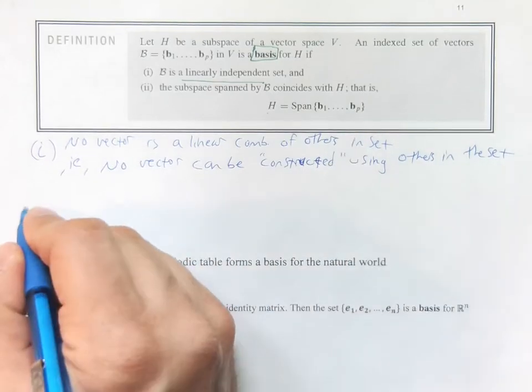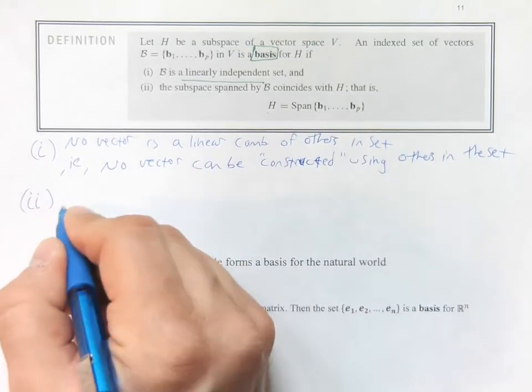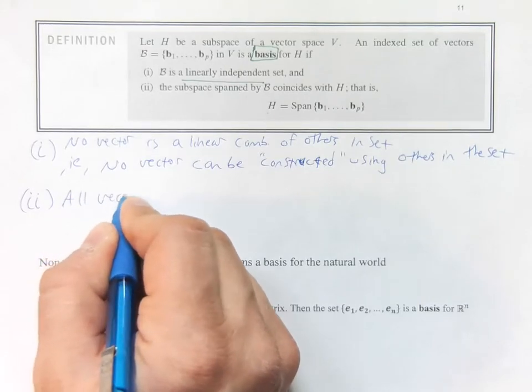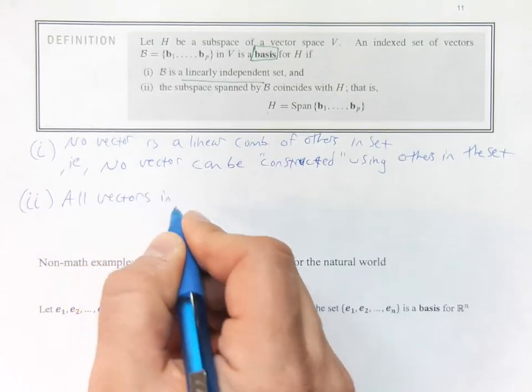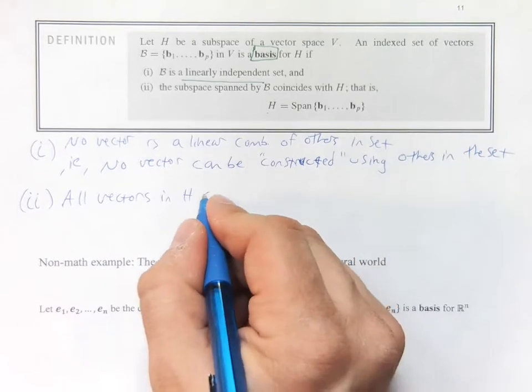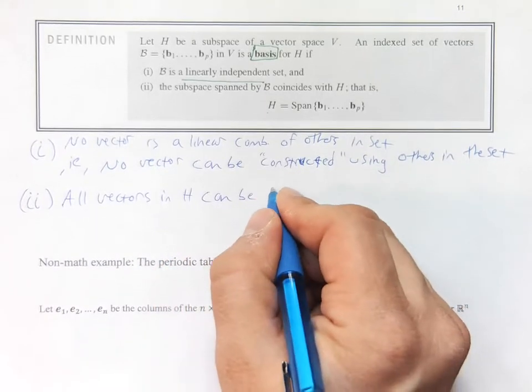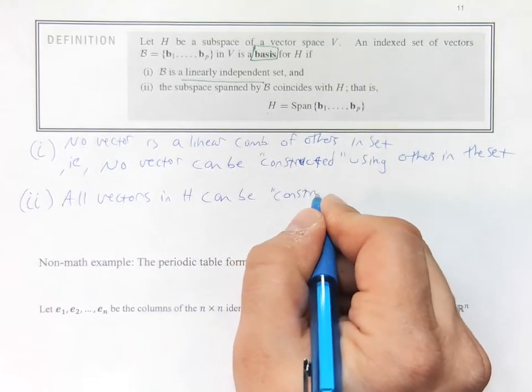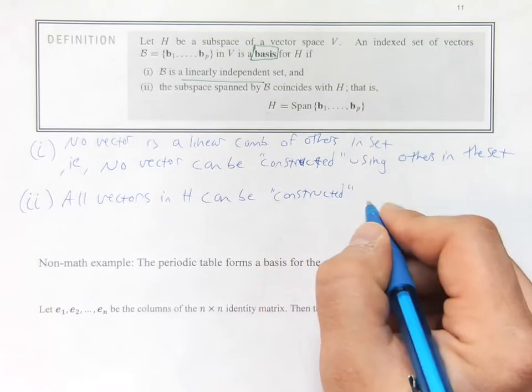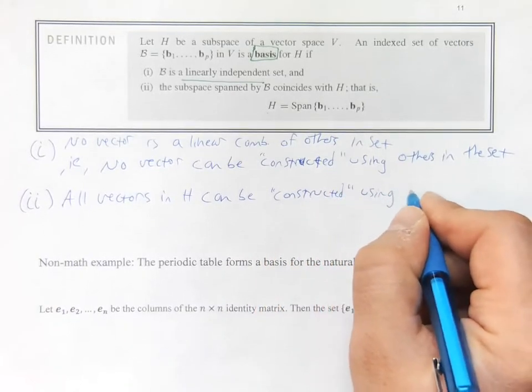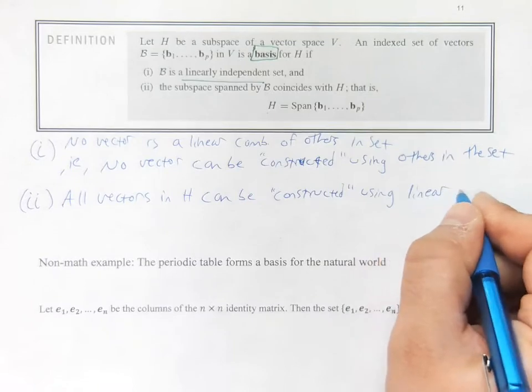And so another way to say number 2 would be that all of the vectors in H, in the space that you're talking about, can be constructed using a linear combination of the vectors in beta.